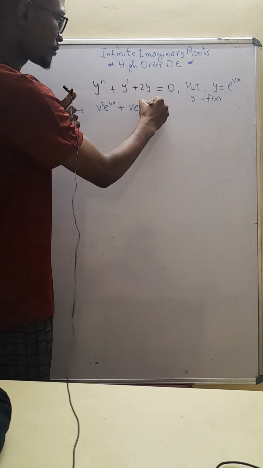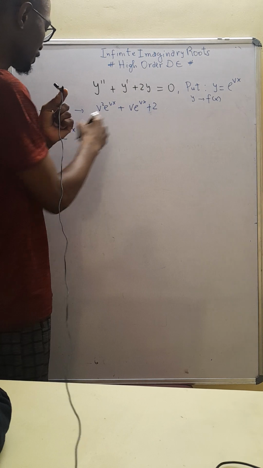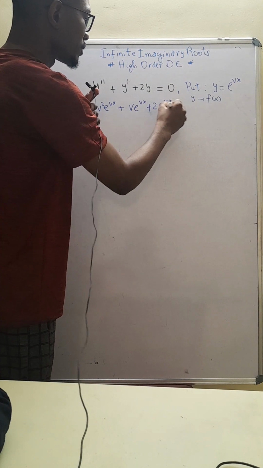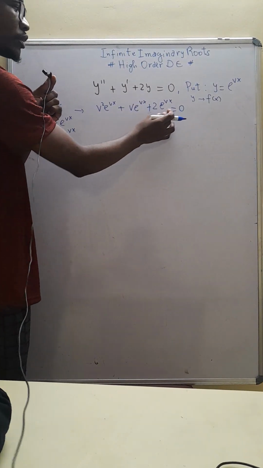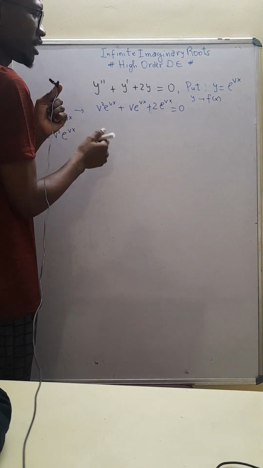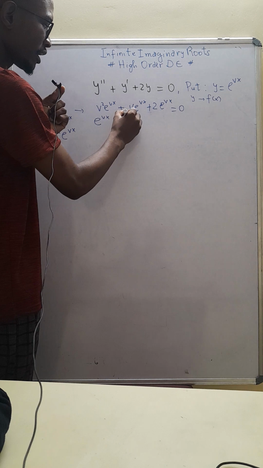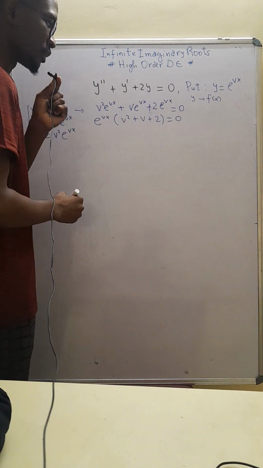And in place of y, I will write the expression for y, Euler v x, equal to 0. Now here we just have to take out the common factor, which is Euler raised to v x. So Euler raised to v x times v squared plus v plus 2 is equal to 0.